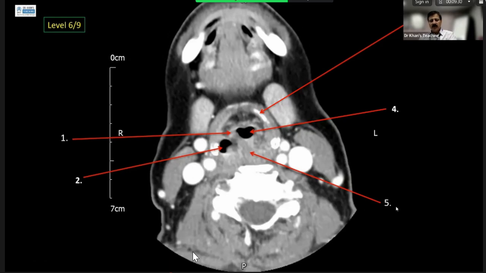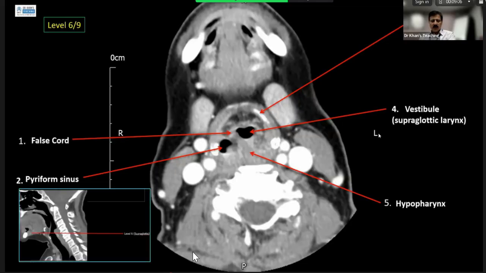Number five, collapsed. It is collapsed here. The esophagus cannot be at this position. The esophagus will be post-cricoid, right? So these are the answers. This was the vestibule, and this is the supraglottic larynx, and this is the false cord, piriform sinus.